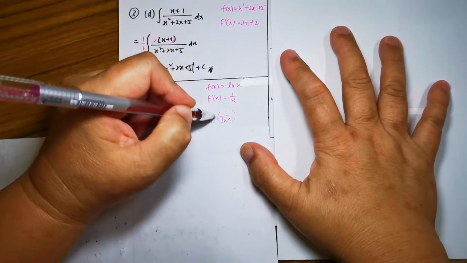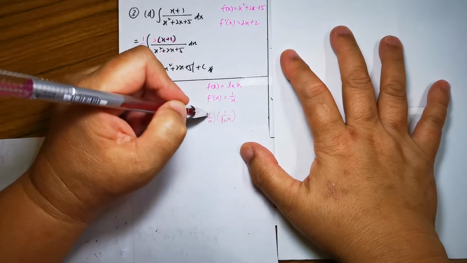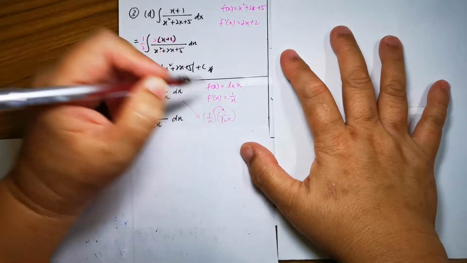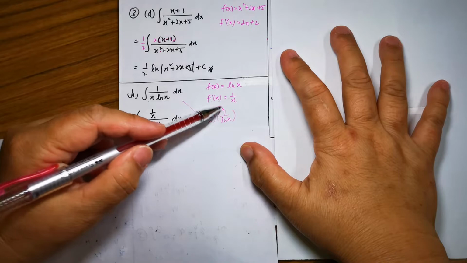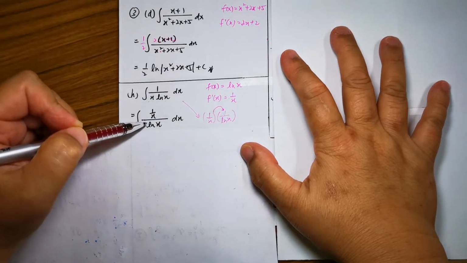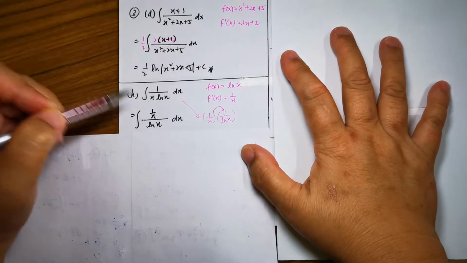And when a number is multiplied with a fraction, we normally multiply it into the numerator. Also 1 over x multiplied by 1. So we can really write it like this. I hope you understand this.